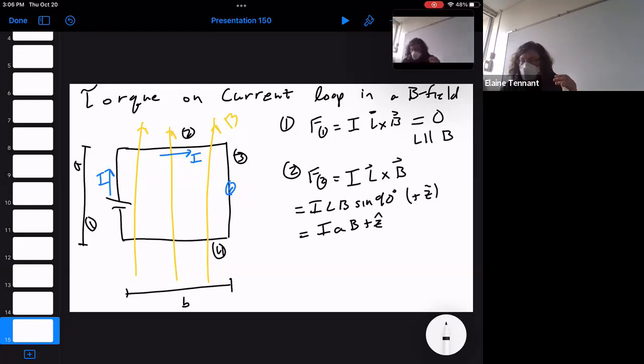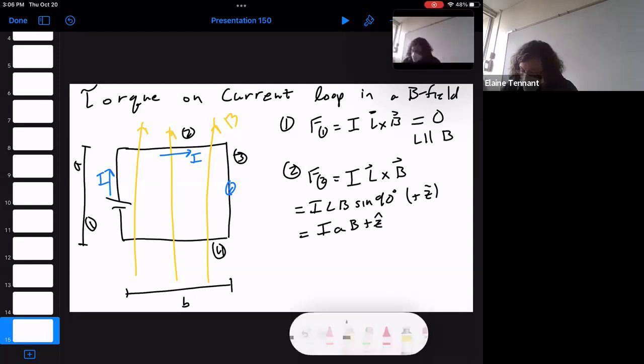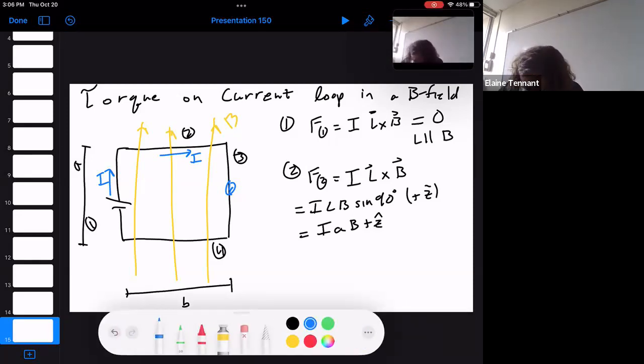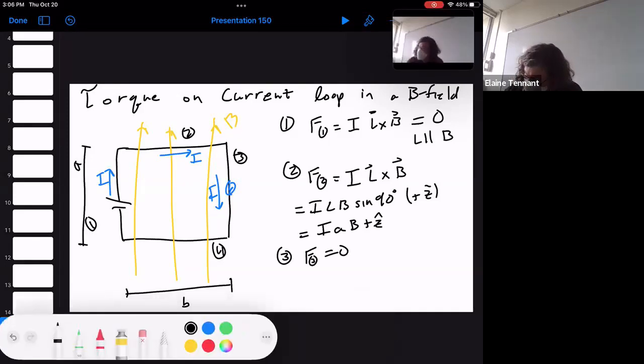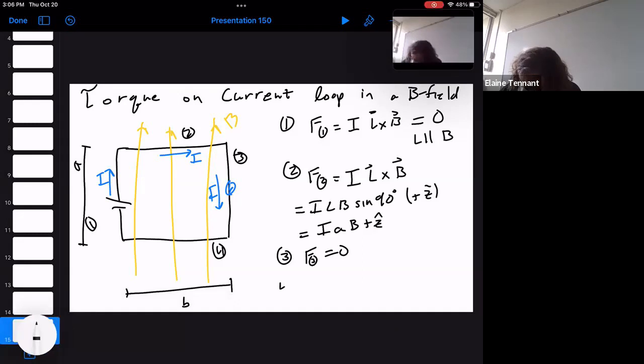Okay, everyone good? All right, looking at the third chunk of wire, what's the force on that chunk of wire going to be? Also 0. Good. How about the fourth chunk of wire? It'll be into the page.